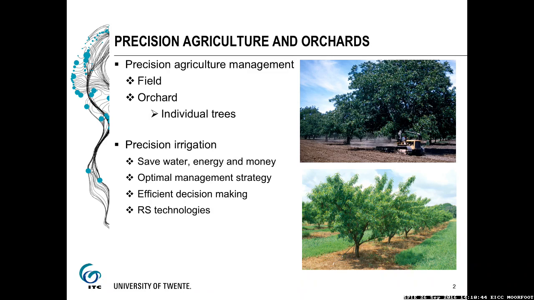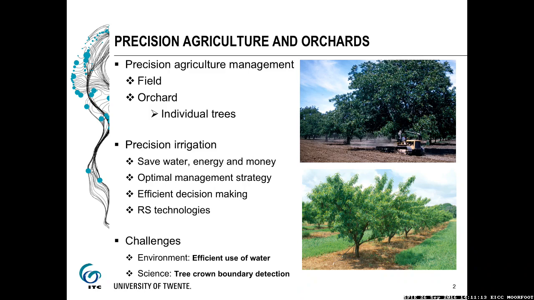Precision irrigation, as a specific form of precision agriculture, is concerned with saving water, energy, and money, and it is also considered an optimal management strategy for efficient decision making for farmers. In this aspect, remote sensing technologies can help us in precision irrigation.